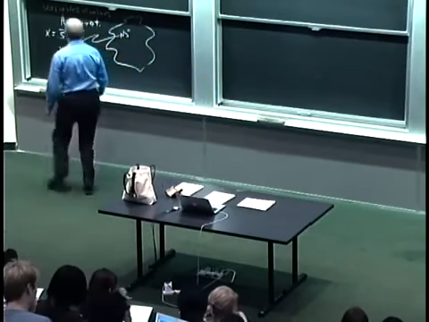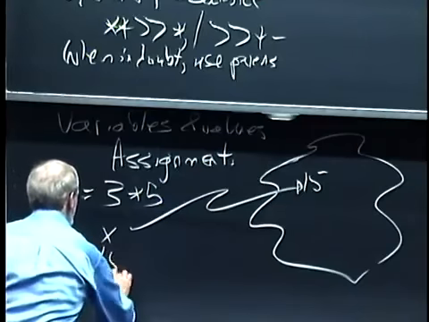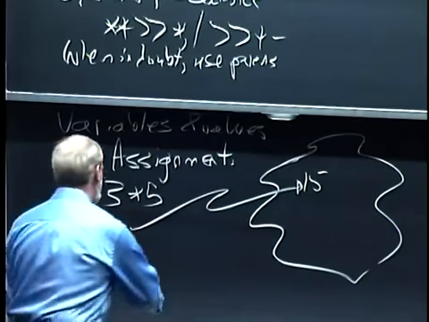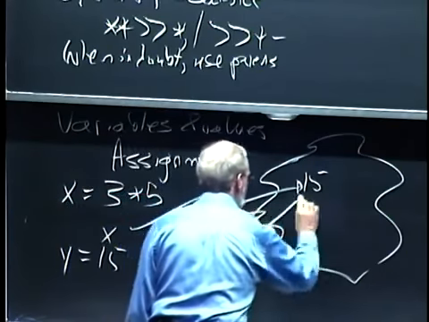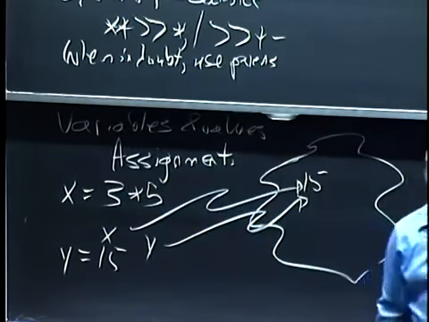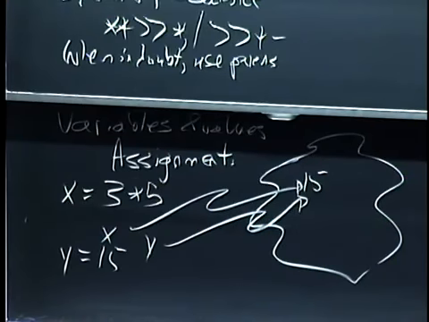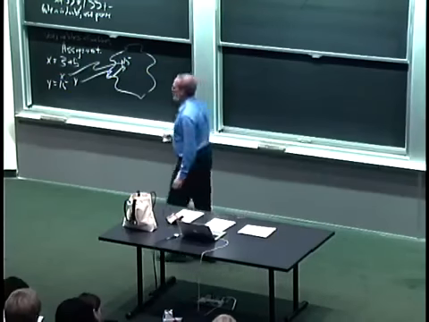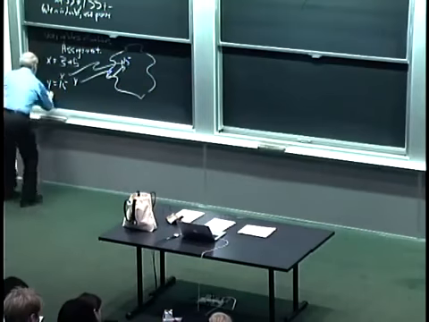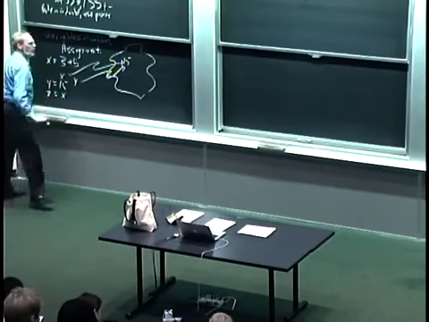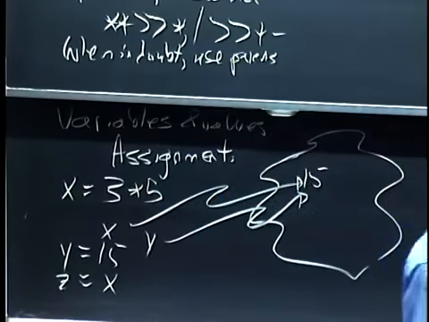I could have, for example, another assignment statement, and that creates a binding from y into that same value. And one of the things as a consequence I can do is I could have a statement like, let z be bound to the value of x. And I said it deliberately that way.